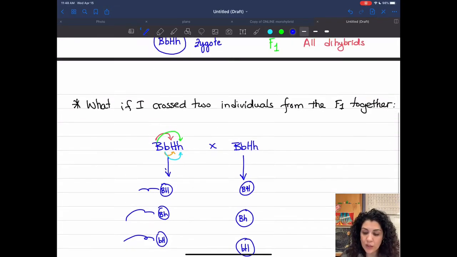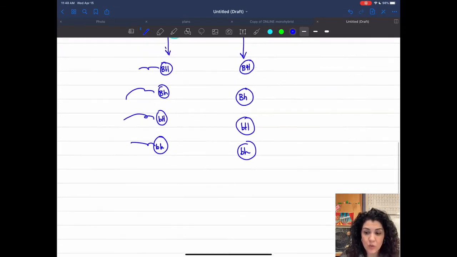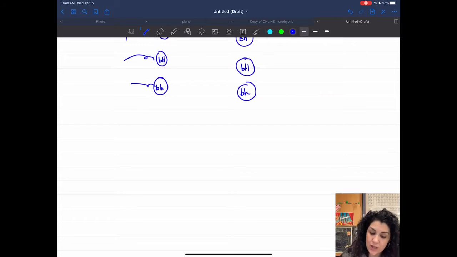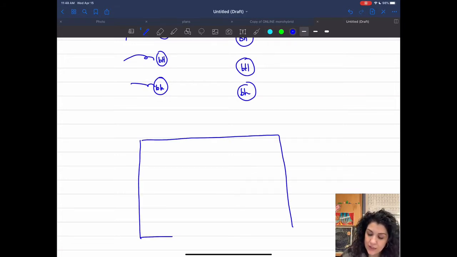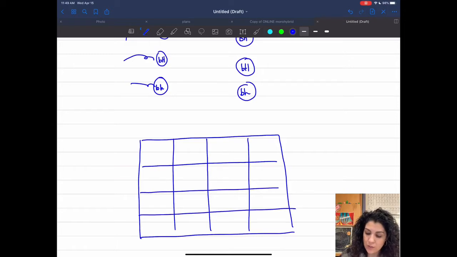So now when I'm doing a Punnett square, for this one, it's going to be a gigantic, 16 square Punnett square, because each one of the sides of the Punnett square needs to have the alleles that the gametes bring forth. And so I'm going to be making that Punnett square.